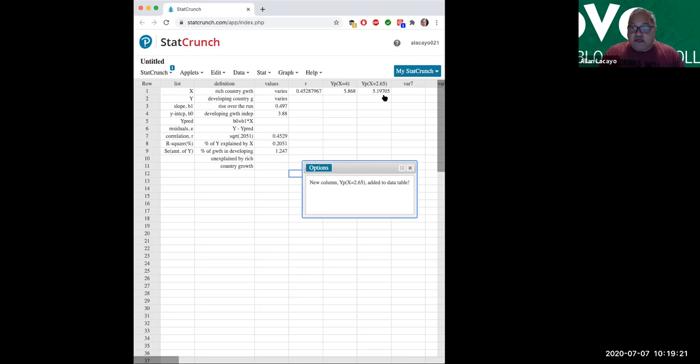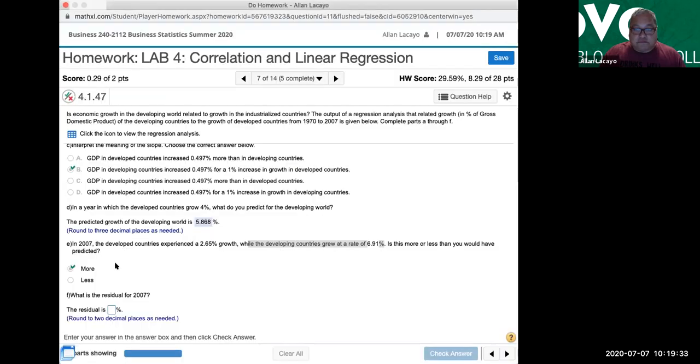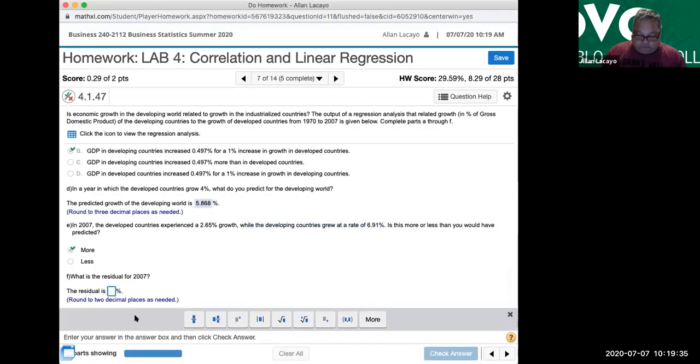And therefore, the growth of developing nations that are listed in my part E is going to be comparing 5.197, which is my predicted value, versus the actual value of 6.91%.